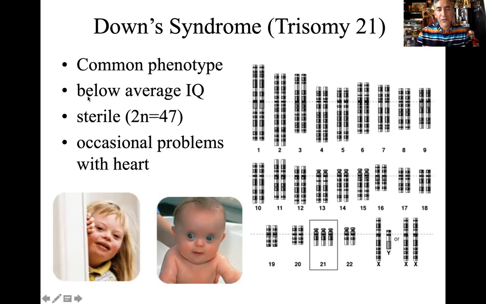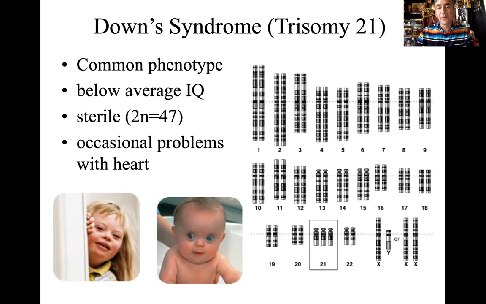So chromosome numbers that do not equal 46 typically have an impact on sterility, or infertility. These children cannot, I'm going to say usually, I'm sure there have been a few weird exceptions, but normally they cannot have children of their own.